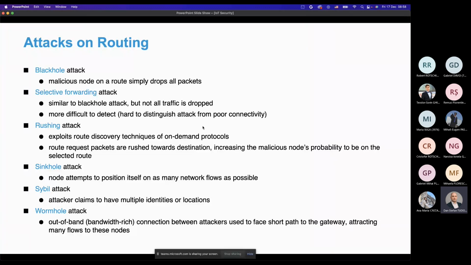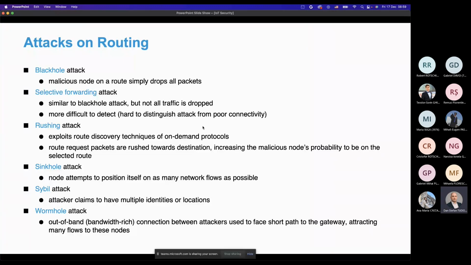So you rush these messages without consideration of any protocol rules. As a consequence, the node has an increased probability of being part of a chosen route between the source and the destination. So you rush your position in the network when the network is establishing these connection routes, and therefore you gain a more important standing in the network through this type of attack.